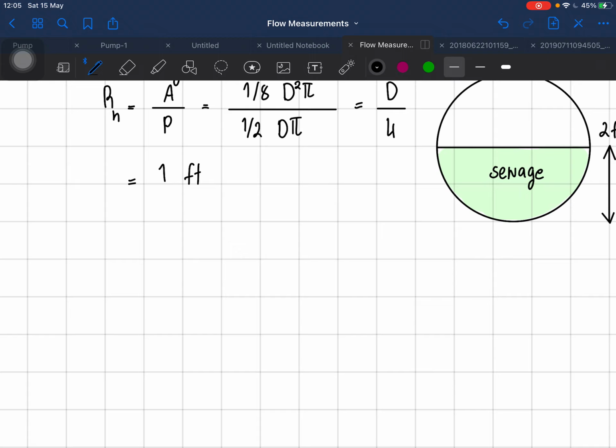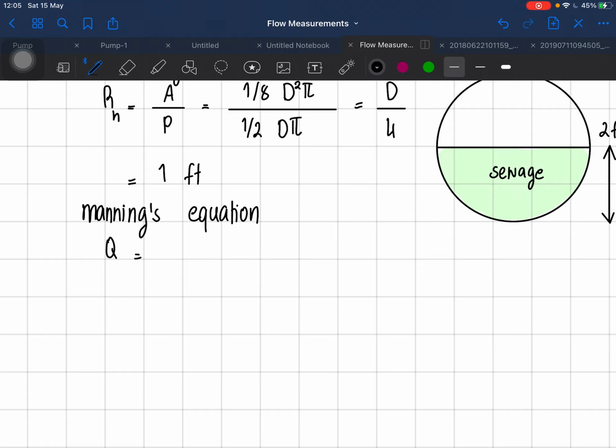It's the, what do we call that? I forgot it. Yeah, the Manning's equation. So we can substitute it in the Manning's equation. This is just like a review, so it's quite simple for you. Later, there will be a lot of things to consider.